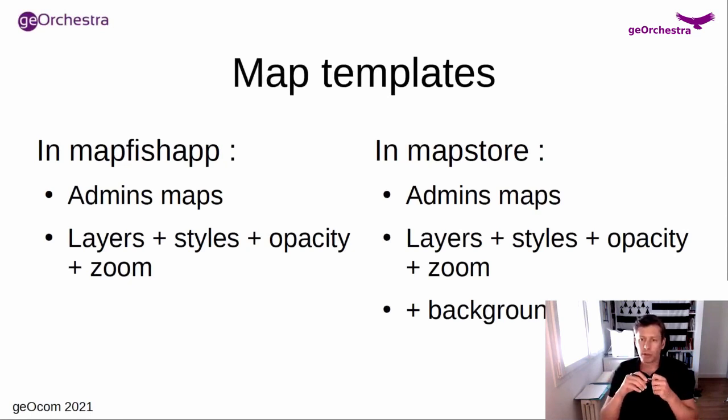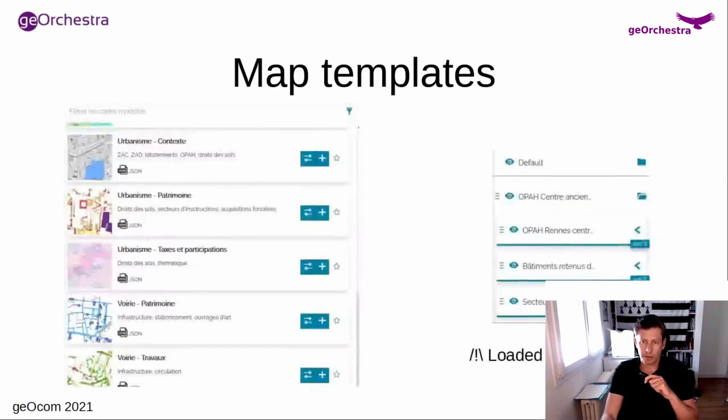In MapStore, we have the same thing plus the backgrounds. The backgrounds are small images, and you can entirely switch your base map. That's the UI for the map templates. It's quite similar in functionality with MapFishApp, but a little different in the UI.